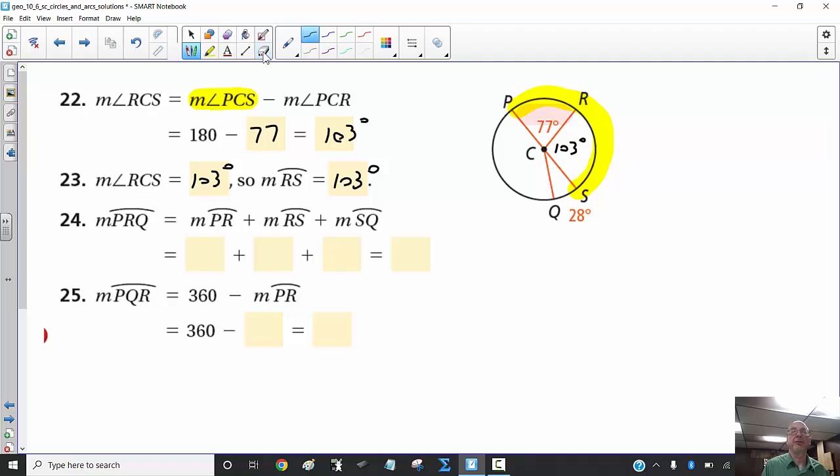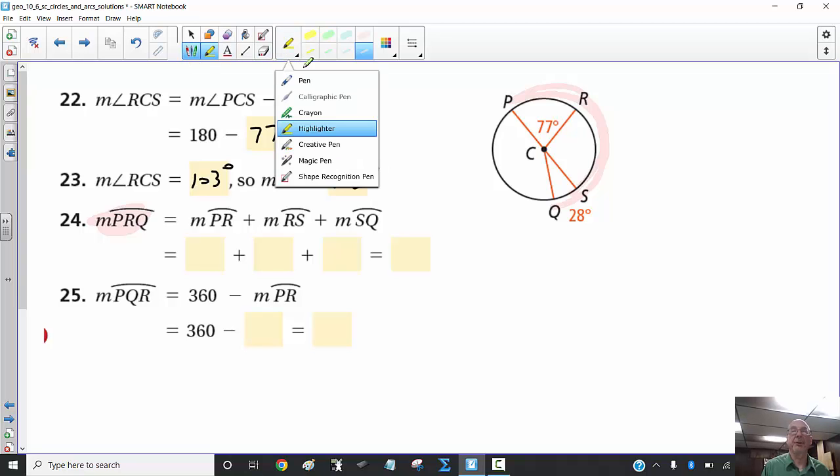Okay, let's erase all this. Let's see. PRQ going all the way around this way, that's equal to PR added to RS added to SQ. That looks legitimate. Okay, so let's fill in what values we know.